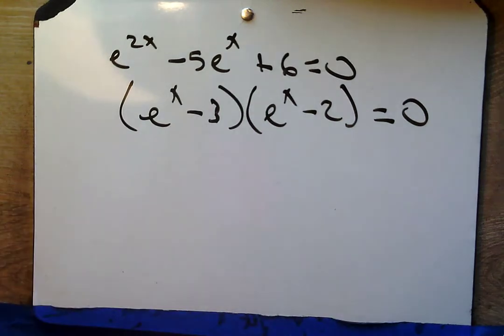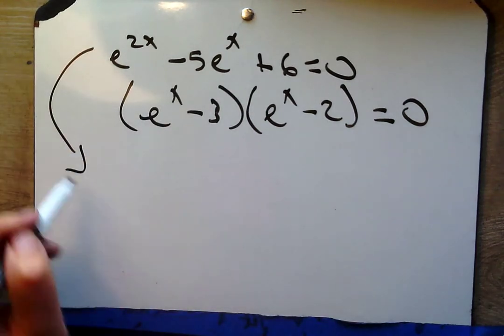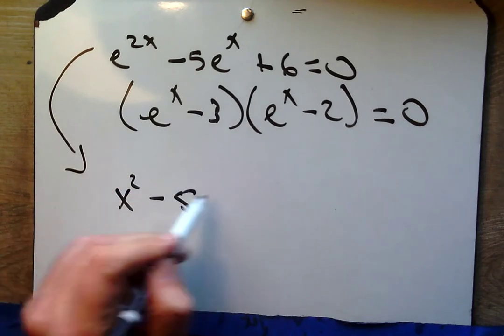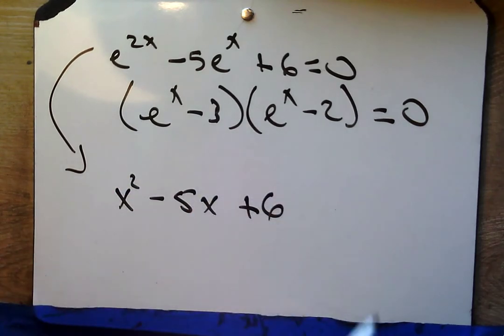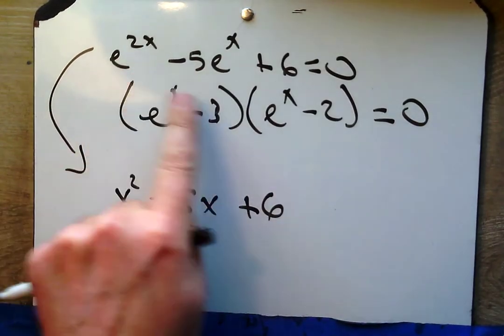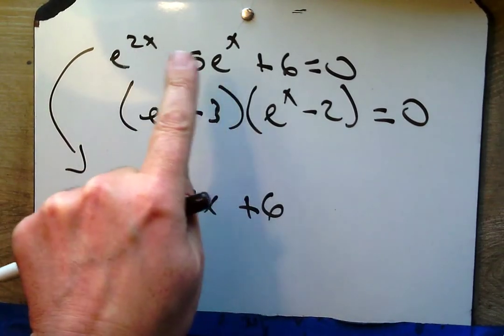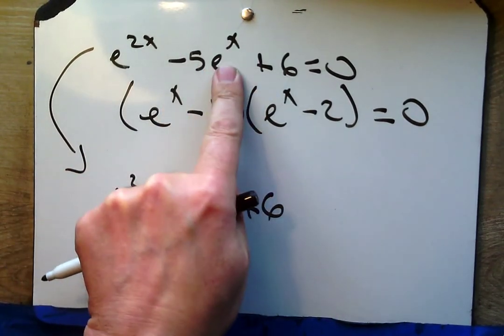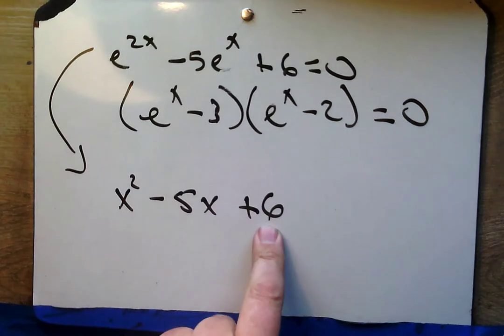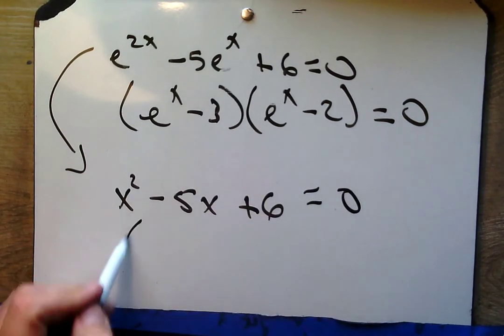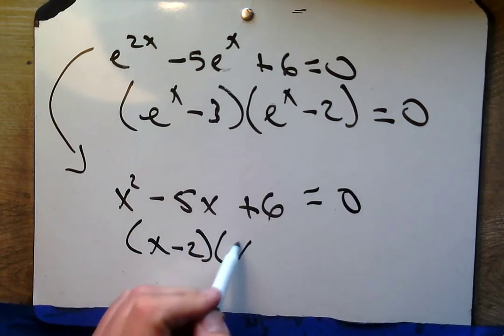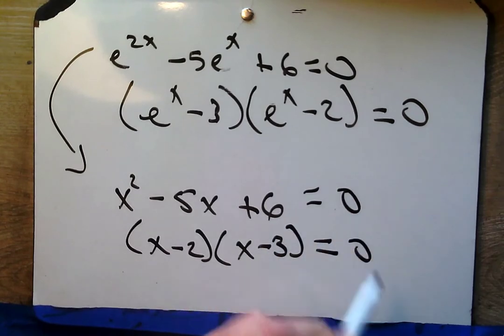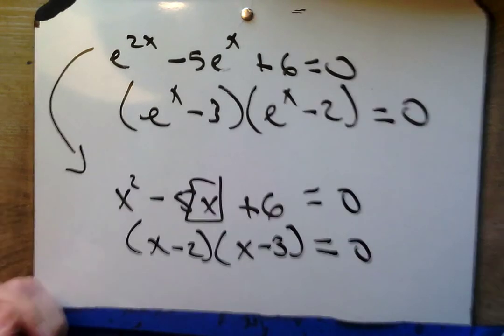I factor this like a trinomial. I mean, really, this is x squared minus 5x plus 6. It's got that same form. A thing squared, negative 5 times the thing to the first, plus that constant. Well, you would do this as (x minus 2)(x minus 3), because this is x.